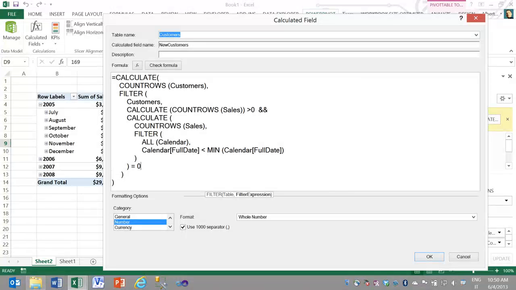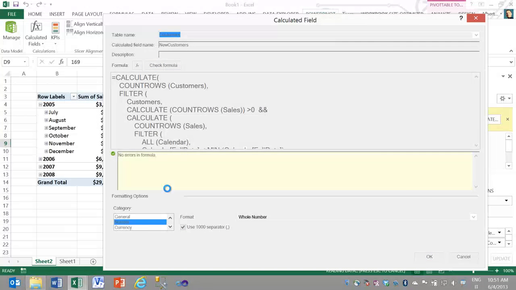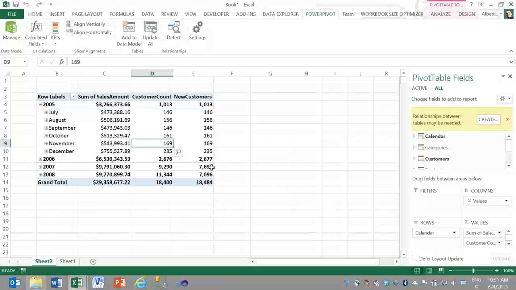This equal to 0 means compute the number of sales in the current period, and that should be greater than 0. And then compute the number of sales in the periods before, and that should be equal to 0. Otherwise, that means it might have bought something before. Let's check it again. Let's click on OK. Let's cross our fingers. Now it's working.